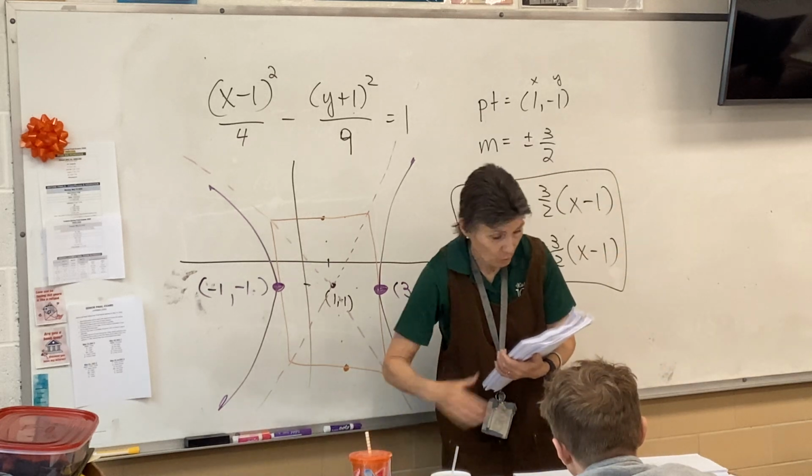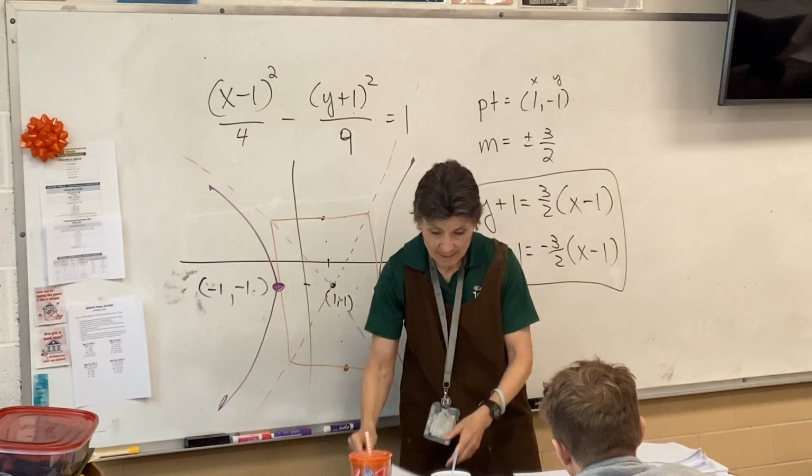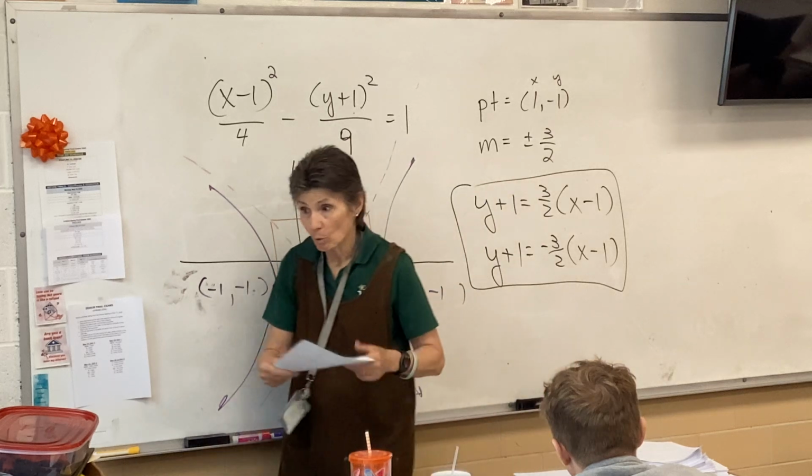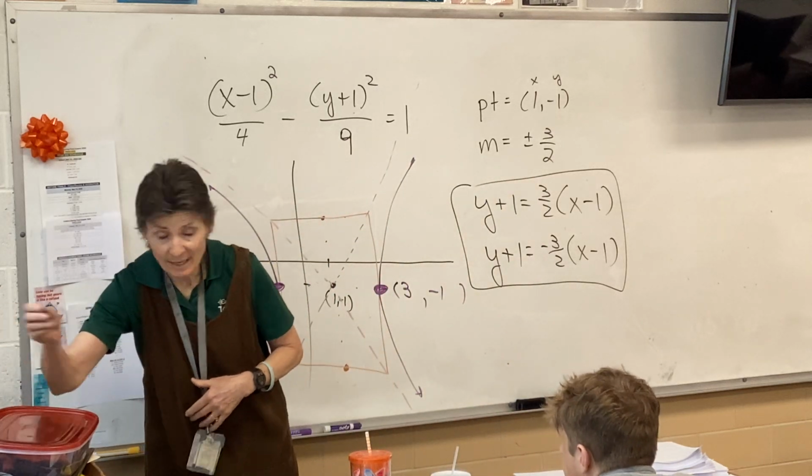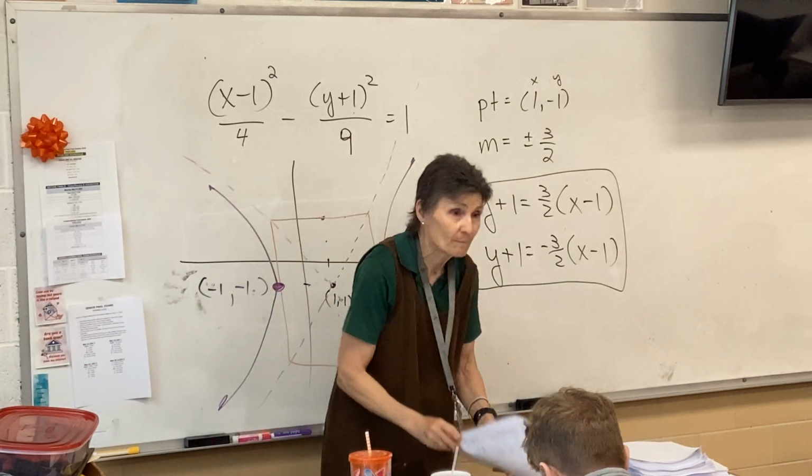If you want to improve your quarter grade, you are going to need to do better. So if your quarter grade is a 75 and you don't like that, you need to score better than a 75 on this.